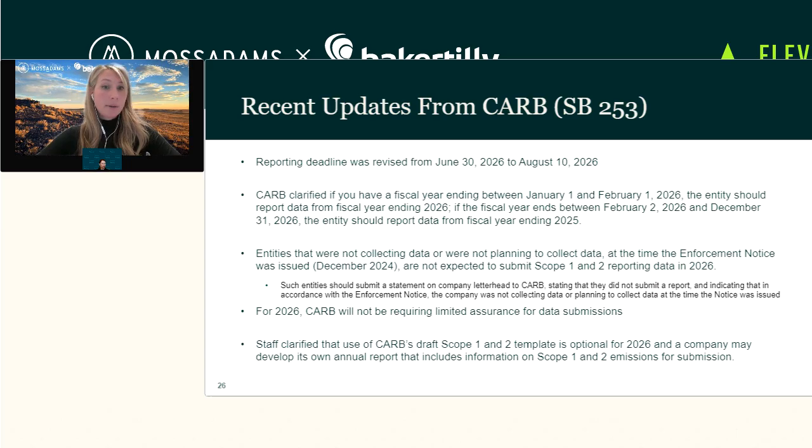And then we also got some clarification from CARB that the draft Scope 1 and Scope 2 reporting template that they had put on their website is optional for companies. If your company is calculating your emissions and reporting that in a different format than that template, CARB will accept whatever form your greenhouse gas emissions footprint is in.